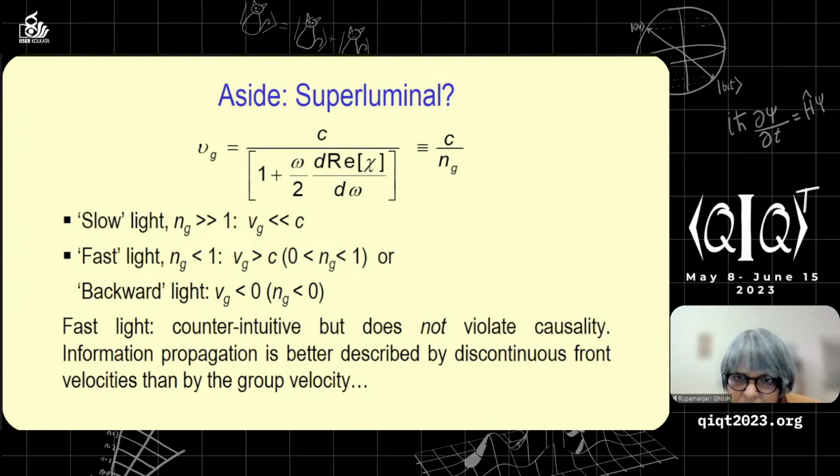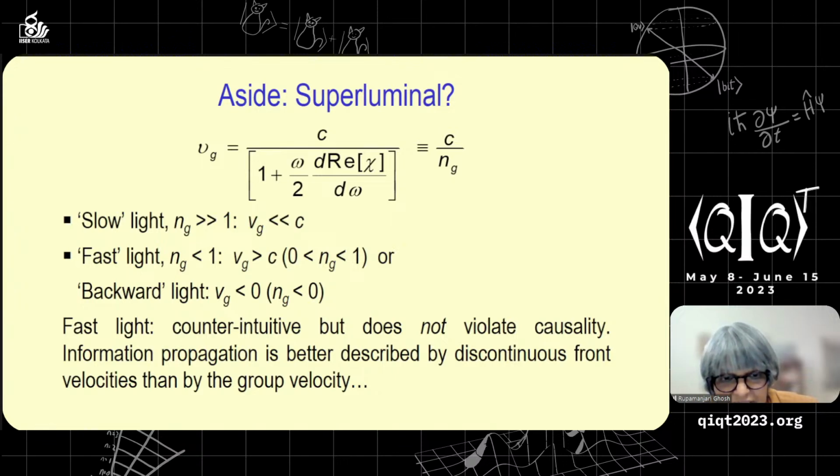So is it possible, by manipulating the slope where exactly you operate in the detuned system, to create fast light where Ng is less than 1? So Vg would be greater than c, or even backward light, which we did, where Vg could be negative, Ng would be negative.